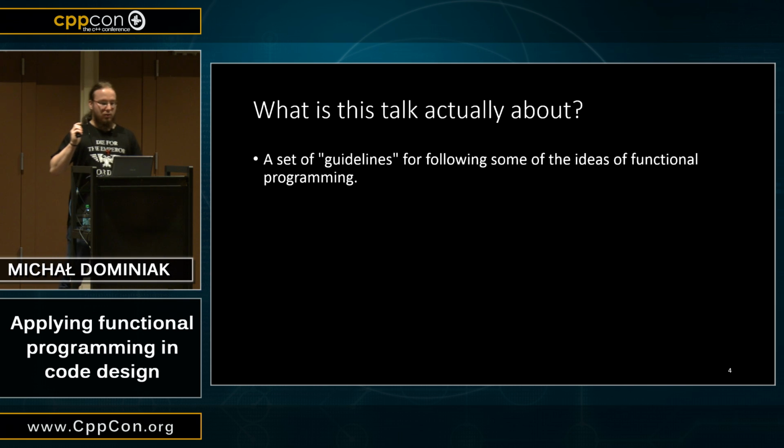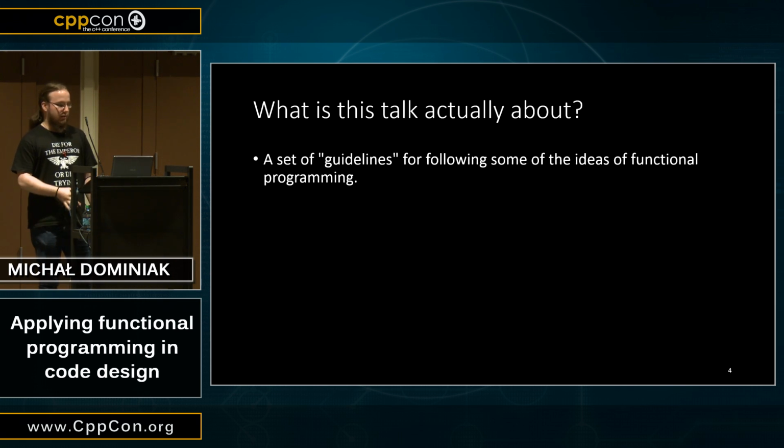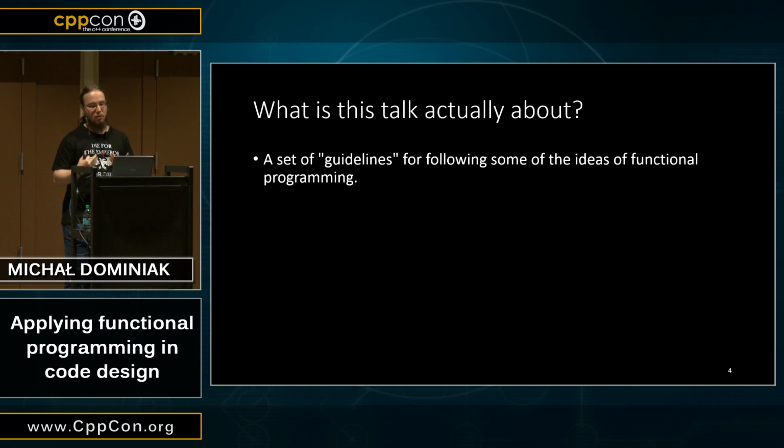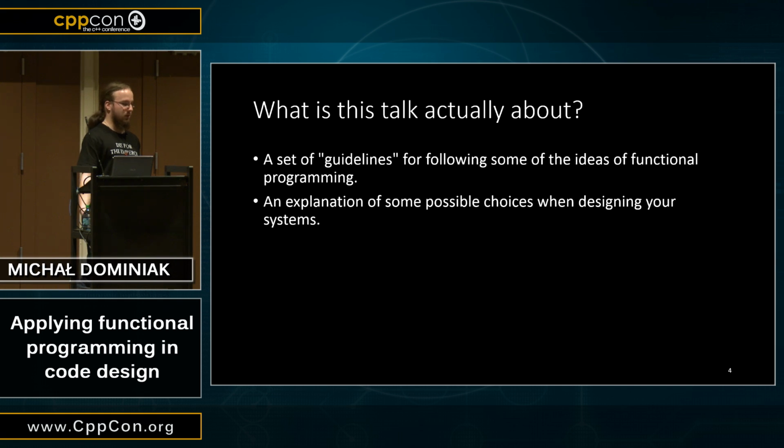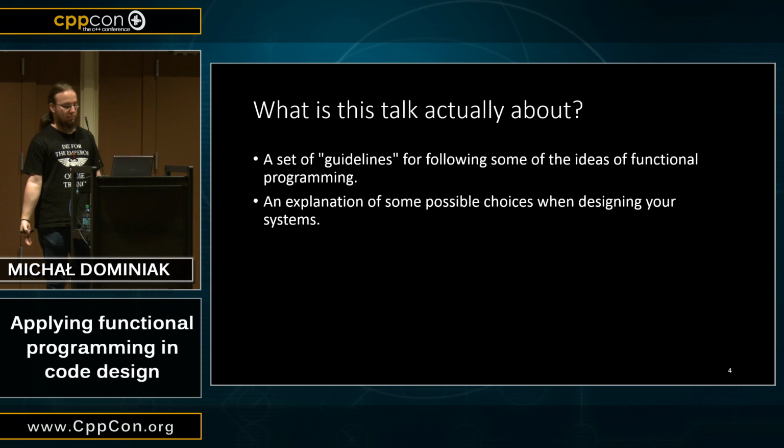So I'm going to talk about some guidelines about how you can design and write code to kind of follow the functional programming paradigm. And I would like to give some explanation for choices you have, because you cannot make a decision about design, about the way you are writing code, without knowing the possible choices.